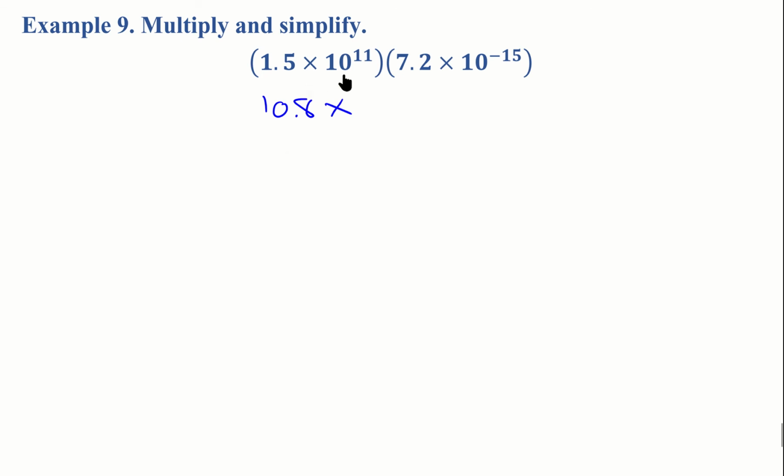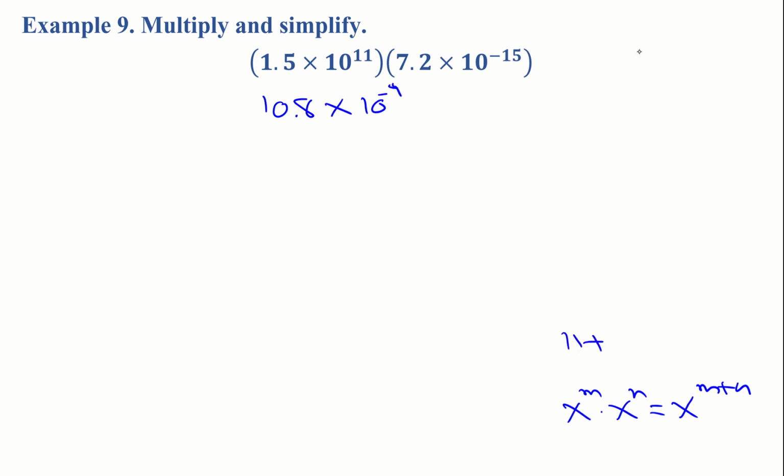Now, those two powers of 10, we can go ahead and multiply, remember, using the product rule. x to the m times x to the n equals x to the m plus n. Here, the x is being played by 10. So we keep the 10, the base. We add the exponents. 11 plus negative 15, that's going to be negative 4, right?